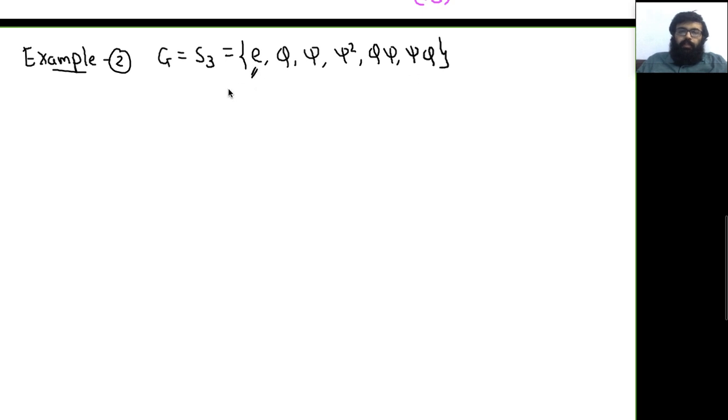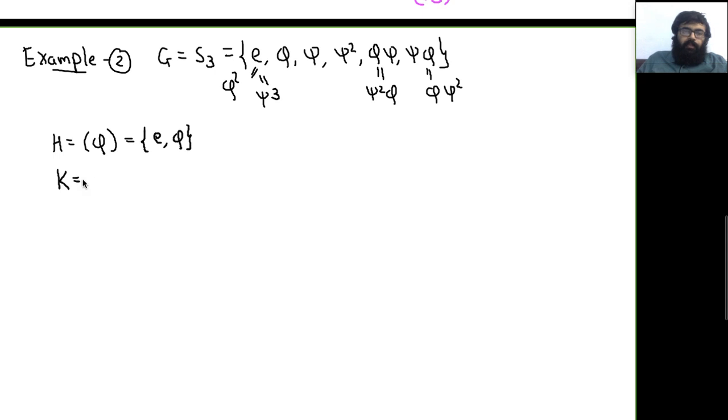The relations are: E is phi square and E is also psi cube. And phi psi is nothing but psi square phi, and psi phi is nothing but phi psi square. So these are the relations. H we consider as the subgroup generated by phi, as in the previous example, so that is E, phi.